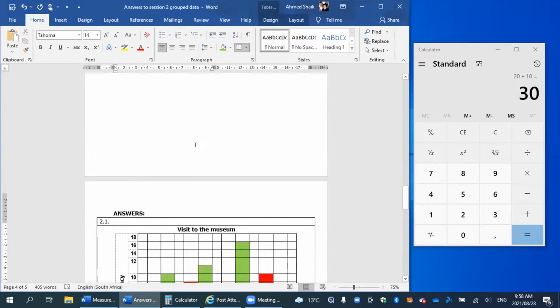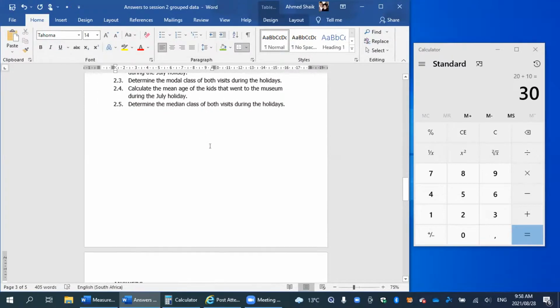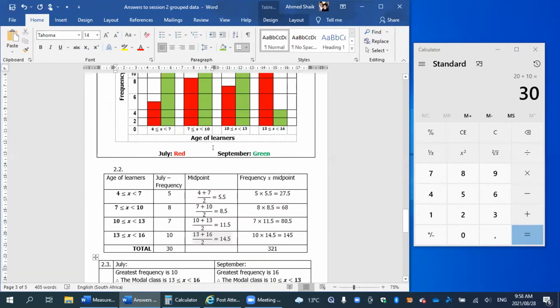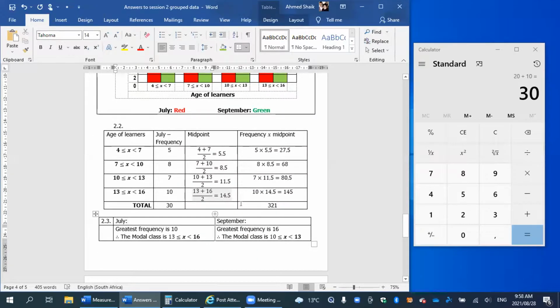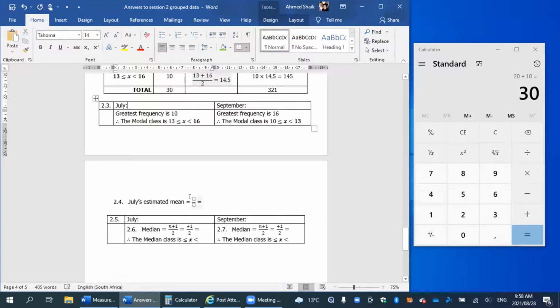2.4 says to calculate the mean age of the kids that went to the museum during the holiday. Lucky for us, we've already calculated the total of the frequency times midpoint and the frequency column, the July frequency column. So let's input our values and find out what our mean is equal to.